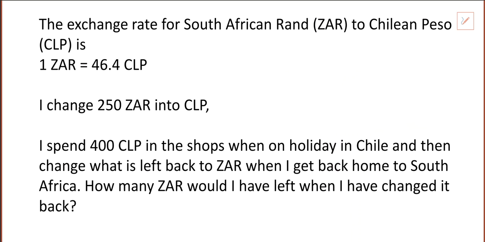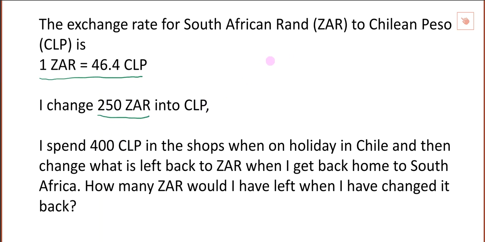Final question, I believe. Lots of information here. So it's about converting some money, spending some money, and then converting what you've got left back. First of all, we've got this conversion rate, this exchange rate. So I change 250 rand, African rands, into Chilean pesos.